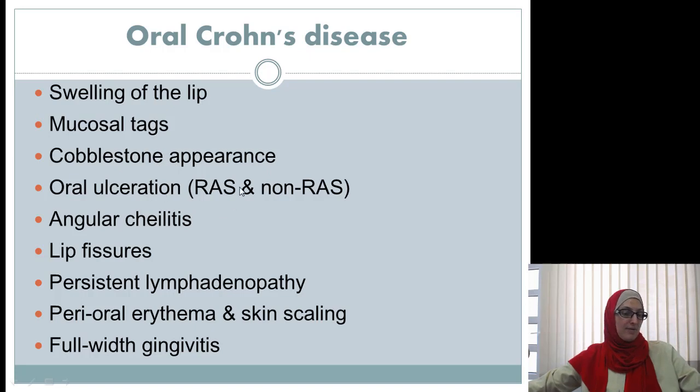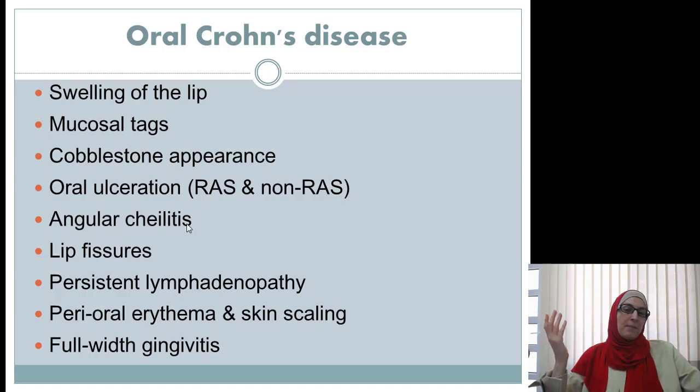Ulcerations, whether resembling RAS or non-RAS ulcers, can be present either as part of the disease presentation, or they could be secondary to the malabsorption that accompanies the disease, leading to hematinic deficiencies. Angular cheilitis and fissuring of the lip is another presentation, and actually it is part of the disease presentation.